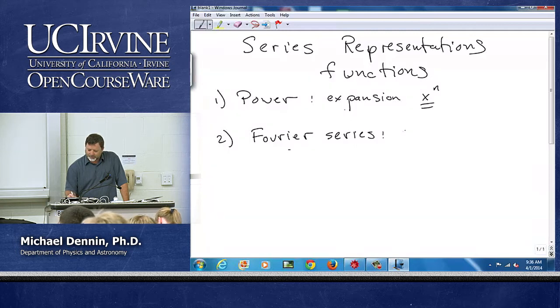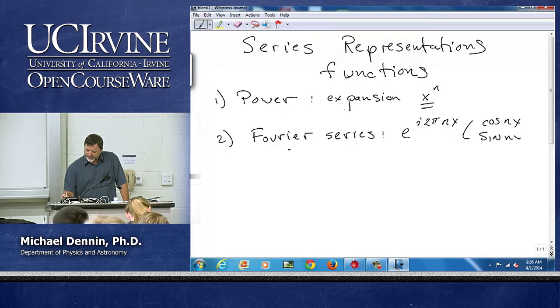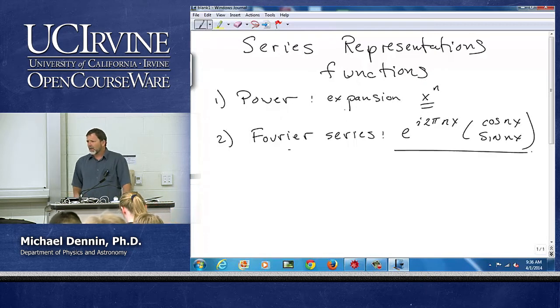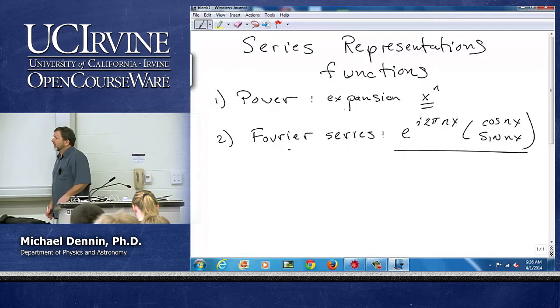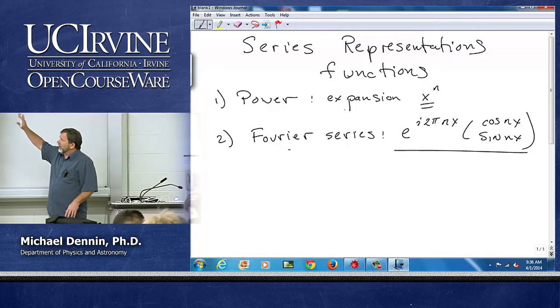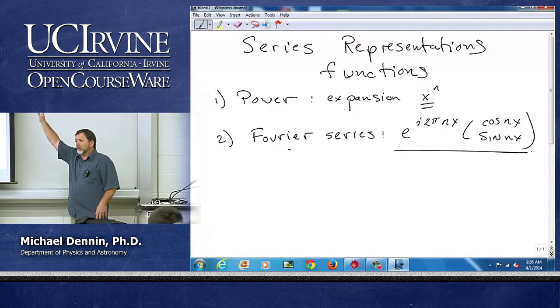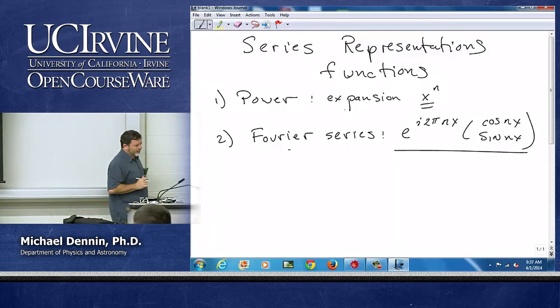This is where your expansion is in powers of e to the i 2 pi nx, or cosine nx, sine nx. And like I said, we'll be going over that later in the quarter. But it'll have the same basic ideas as what we go over briefly now with power series of x to the n.